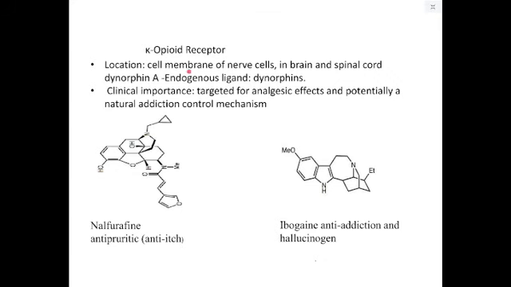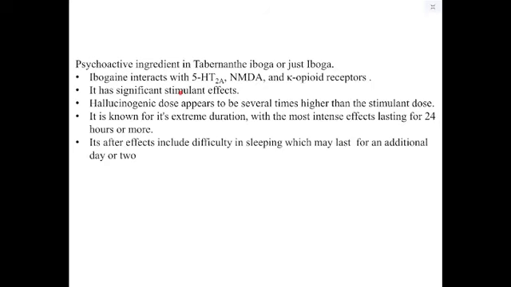So these are drugs that do trigger the K-opioid receptors to bring about hallucinogenic activity. This was just to add that ibogaine is a compound from a plant, the Tabernanthe iboga, or just iboga.